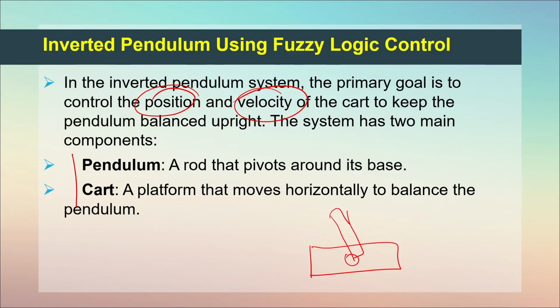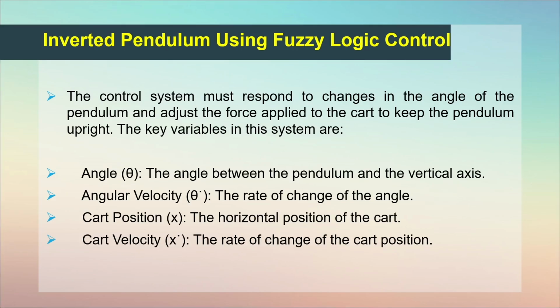These are the two components associated with the pendulum. The control system must respond to changes in the angle of the pendulum and adjust the force applied to the cart.